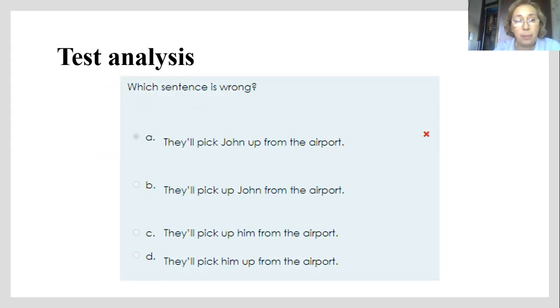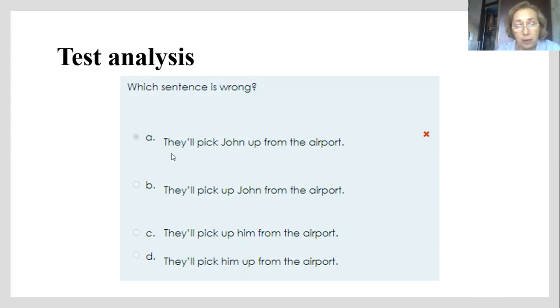When we were speaking about phrasal verbs, you remember that we were speaking about separable and inseparable phrasal verbs, and here pick up is a phrasal verb which is called separable, which can be separated by a noun or other word which can be used between the verb pick and the particle up.